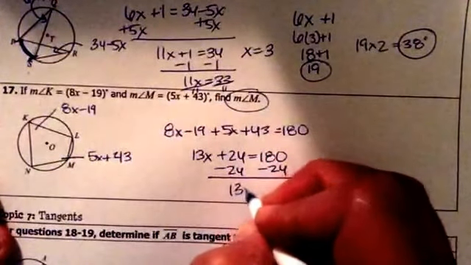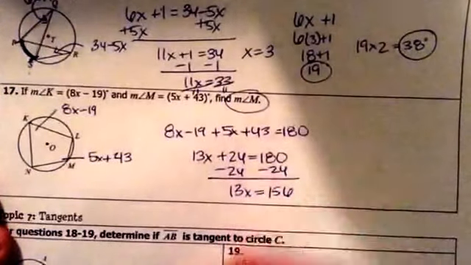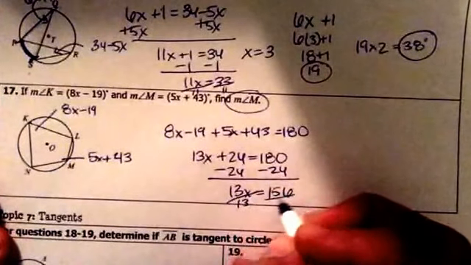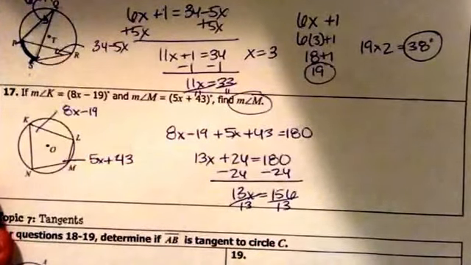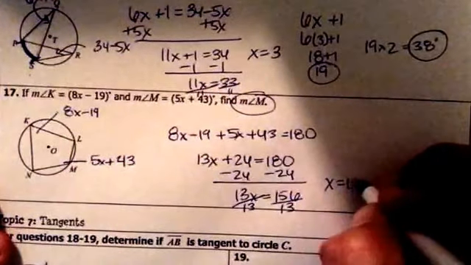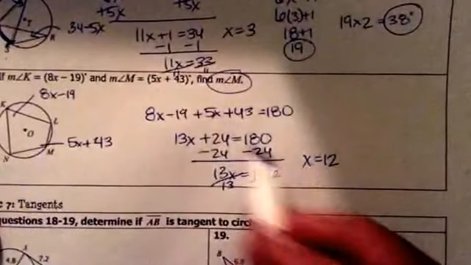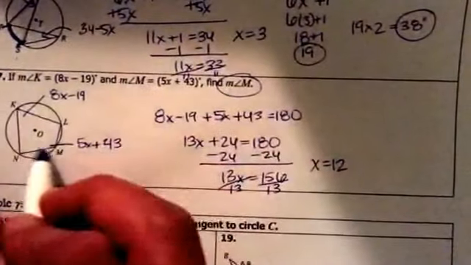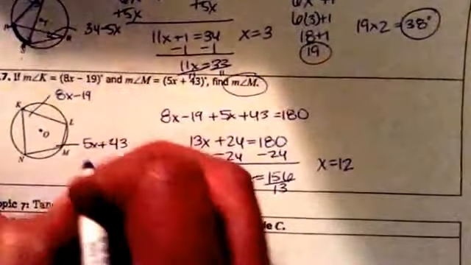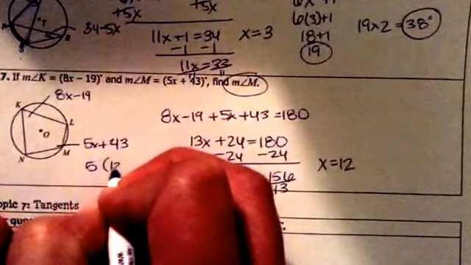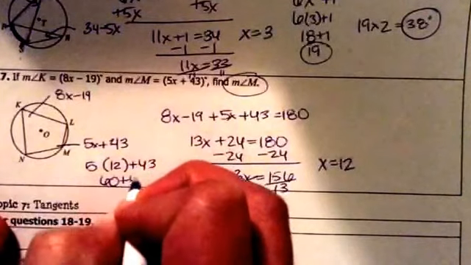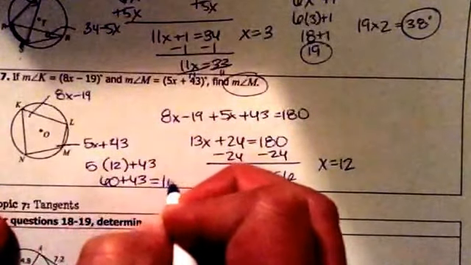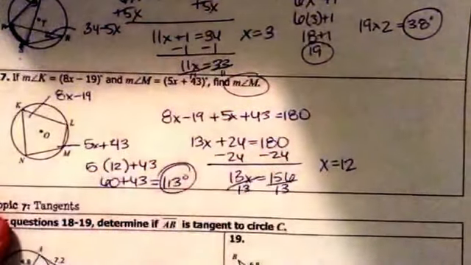Gives me 13x equals 156. Dividing that by 13, x equals 12. Now keep in mind that we are not looking for x, we're looking for angle M, which means we have to plug it back in this expression right here. I have 5 times 12 plus 43, that would be 60 plus 43, which equals 113 degrees.